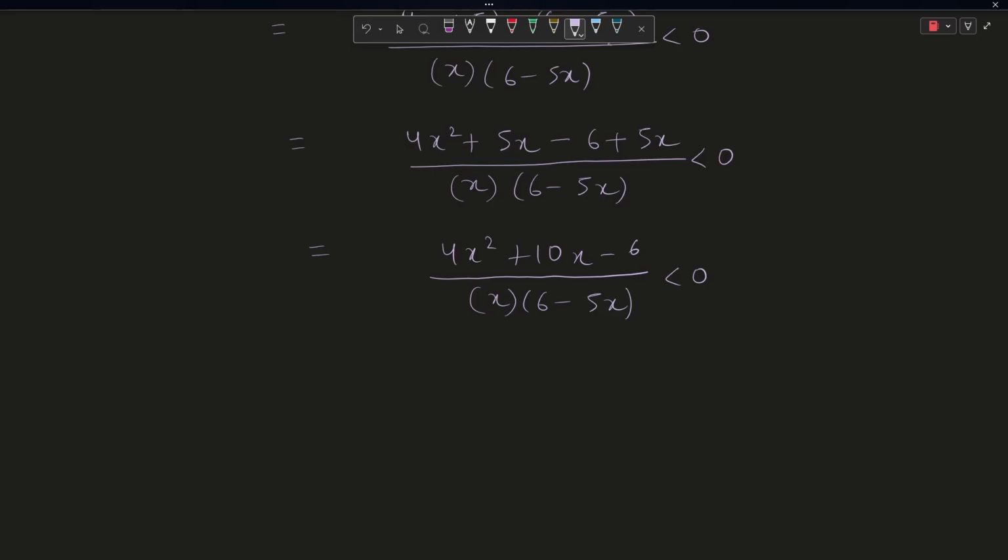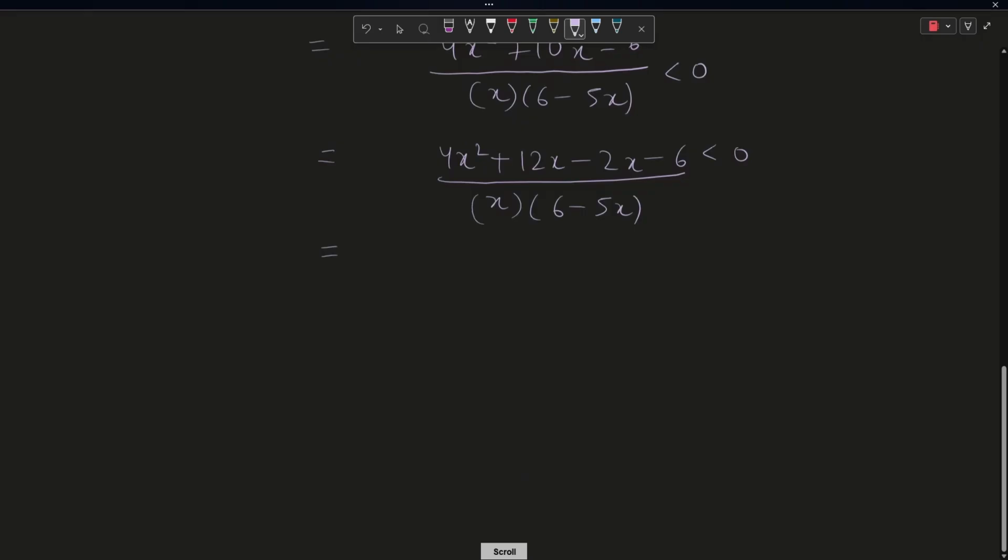Now in the numerator we have a quadratic expression that can be factorized. It is 4 into 6, 24. So 12 and 2: 12 minus 2 is 10 and 12 into 2 is 24. So I can write it as 4x square plus 12x minus 2x minus 6, divided by x into (6 minus 5x), less than 0.